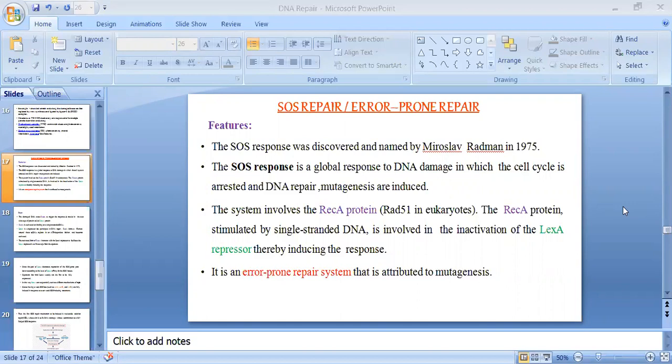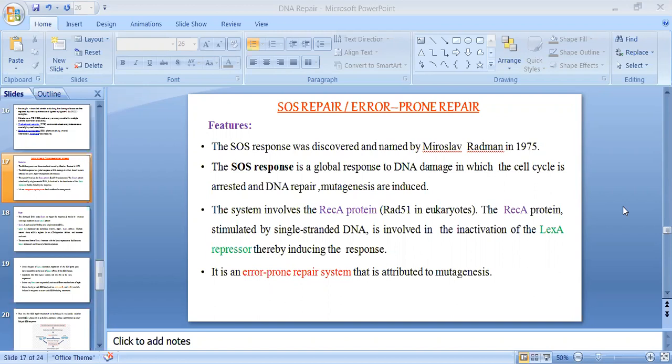Why mechanism? Because it needs a series of pathways. Pathway means there are lots of proteins involved in this repair pathway, by which several genes are activated and repair the whole DNA sequence. That's why this is called the repair mechanism.